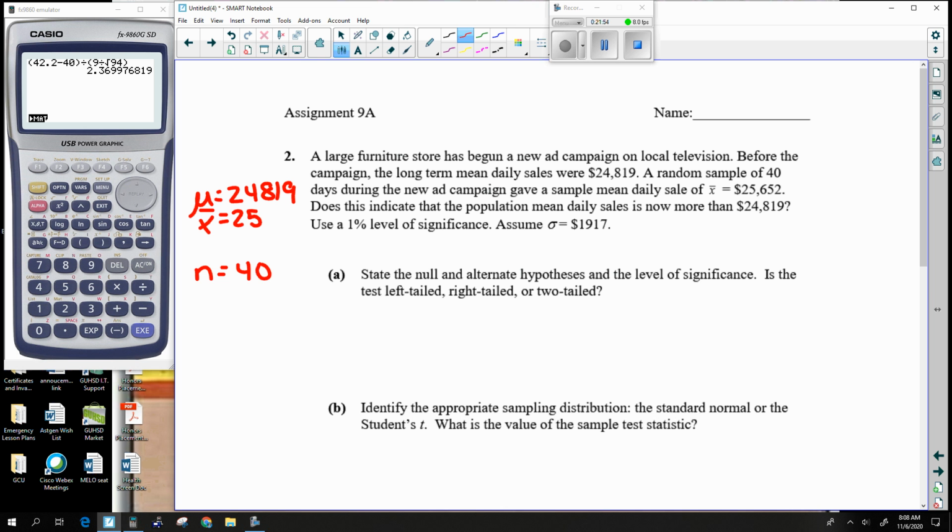It's gone up. Does this indicate that the population mean is now more than 24,819? That's the question. Use a 1% level of significance and assume that the standard deviation, notice how it's a sigma, is 1917.